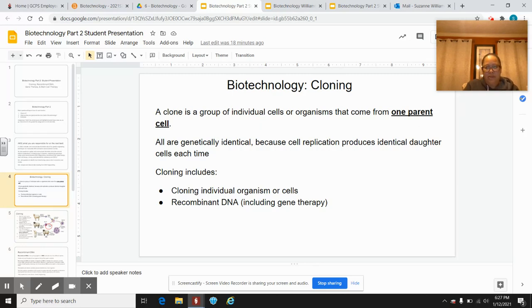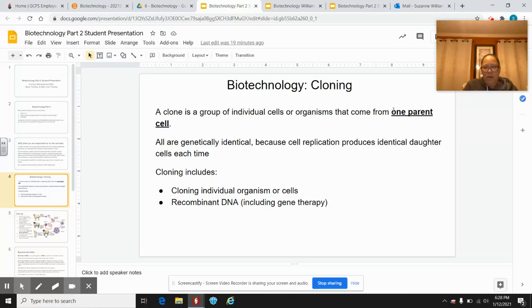So the important detail here is that all of the DNA comes from one donor or one parent cell. And because DNA only comes from one, all clones are going to be genetically identical to one another, and they are also going to all be genetically identical to the donor parent cell.